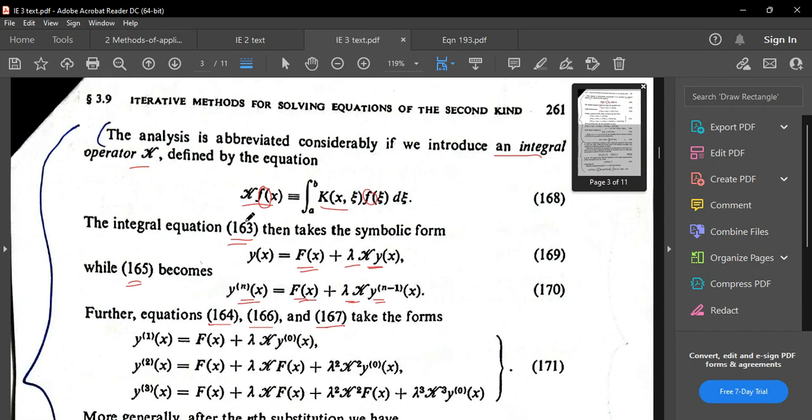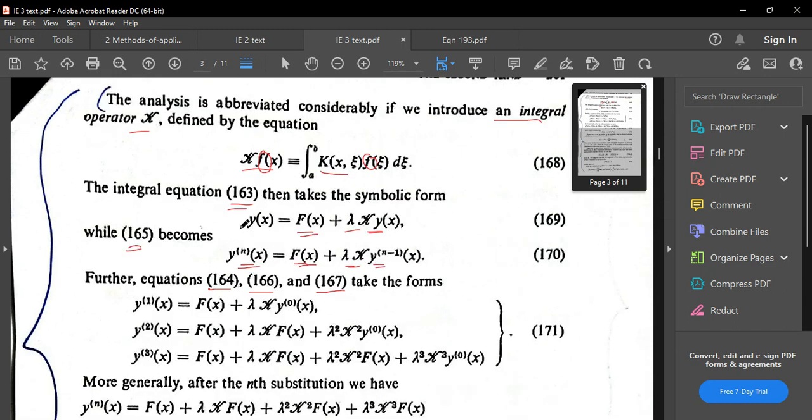What is 164? Earlier it was y1 is equal to f of x plus lambda integral a to b k into y naught of psi d psi.